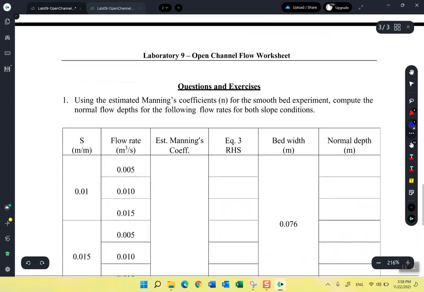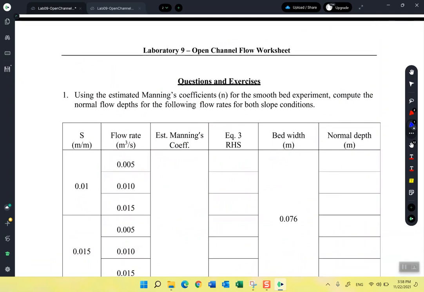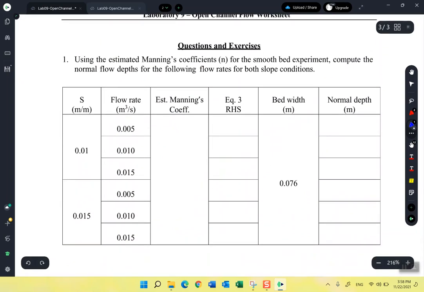So, getting back to the question you asked, here we have the normal flow depth question that I said we will get back to at the end of this experiment.